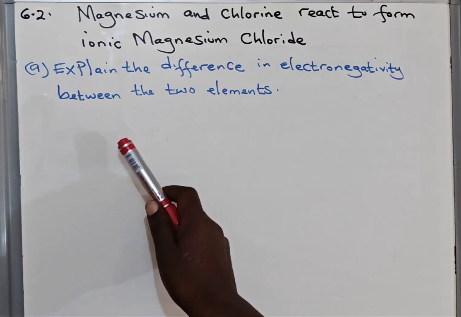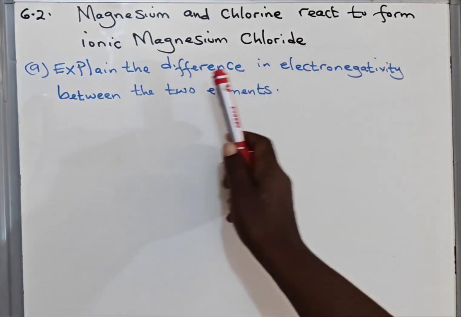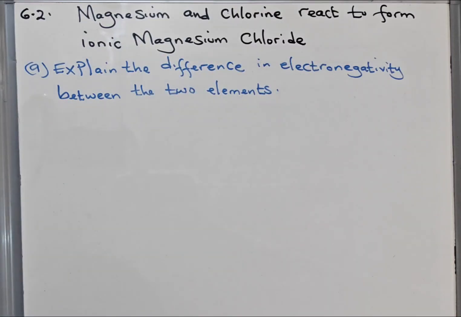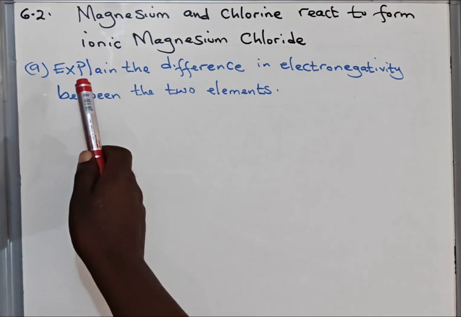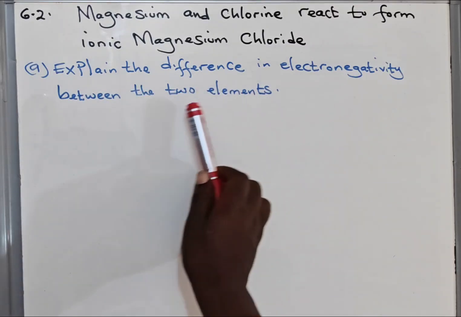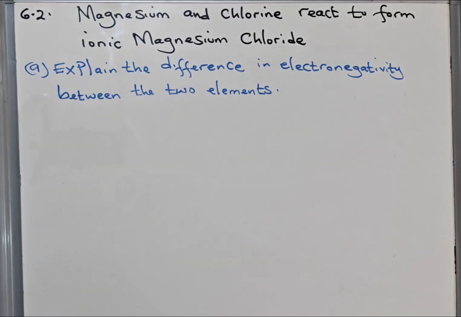It says that magnesium and chlorine react to form ionic magnesium chloride. And then the question says, explain the difference in electronegativity between the two elements. What is this difference?